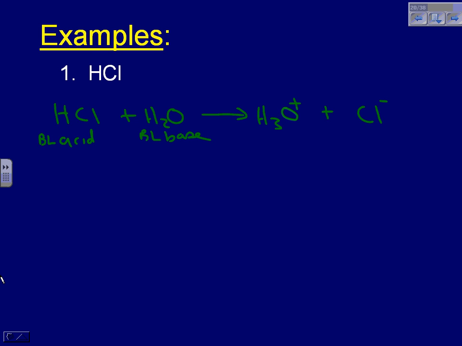Because if you're donating a proton it must be accepted by something. There's no protons floating around there without anything. So next thing you might be asking is, well, if I have an acid mixed with a base, then this solution should be neutral. Because in the past, we've taught you an acid and a base makes neutral.